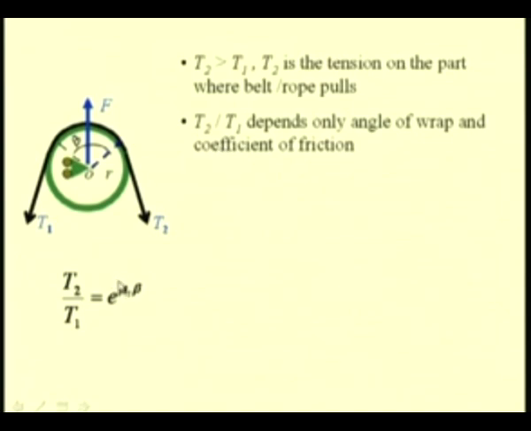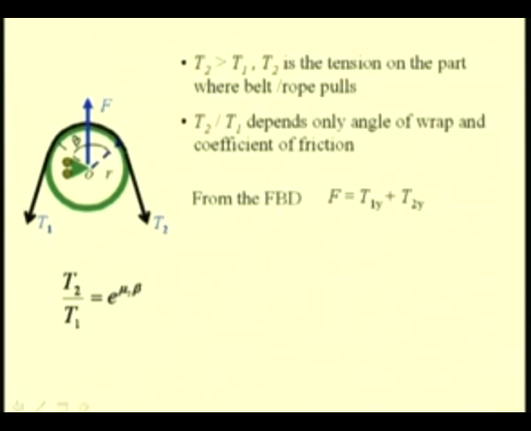So, we see that this ratio only depends on this angle of wrap and the coefficient of friction. If you see the torque that is being transmitted, we can find by using this free body diagram, the total normal force that is available is F, which is equal to the components of the forces T1 and T2 in the y direction, and this force is a limited force.